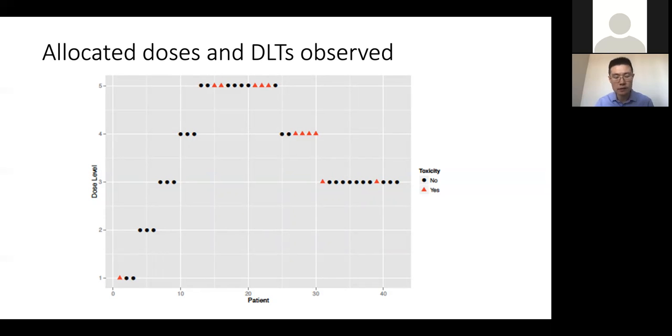For the next cohort, there's no DLT, and the next recommended dose level is dose level 3, and it just keeps going up until dose level 5. Because too many DLTs are observed, it goes down to dose level 4 and then down to dose level 3. So this is just an example of a clinical trial using BCRM.